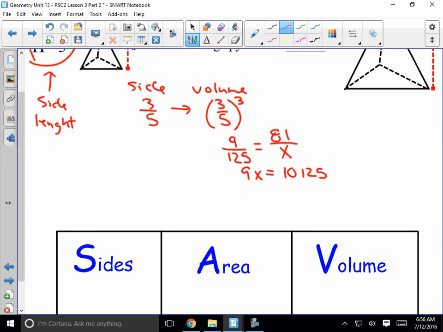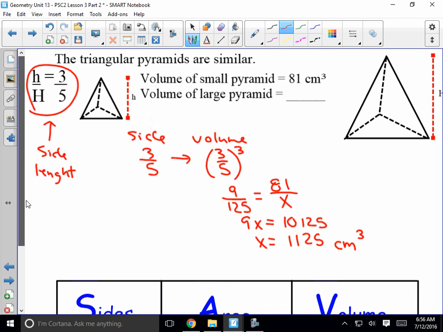We divide that by 9, and we get x equals 1,125 centimeters cubed. Remember, when we're dealing with volume, when we're dealing with area, we want to make sure that we're using the proper units.